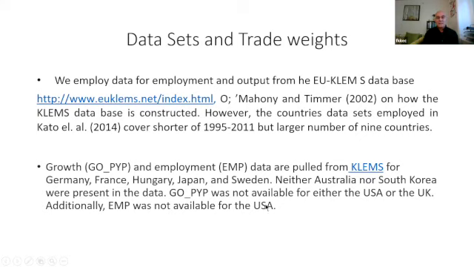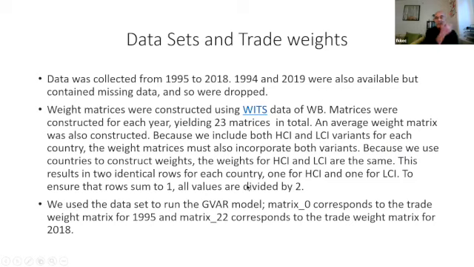And it covers these countries, of which 4 we have either missing or incomplete data, so we end up with only 5: Germany, France, Hungary, Japan, and Sweden. The data covers 1994 to 2018, and our trade share for the rest of the world comes from the World Bank data for trade shares.